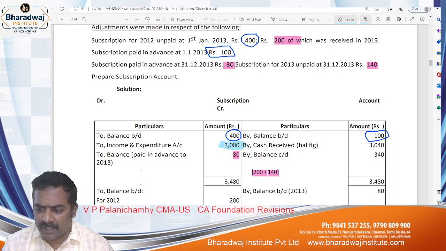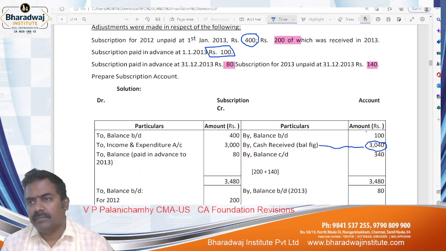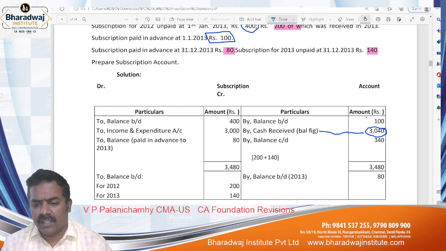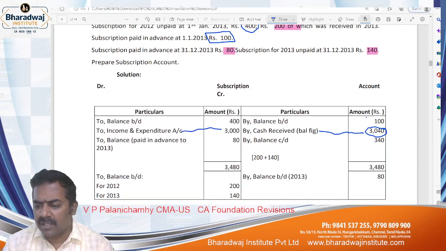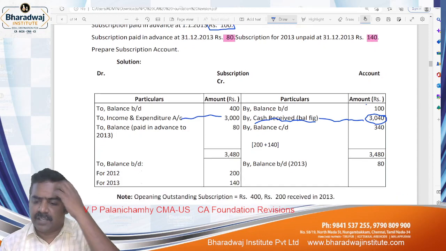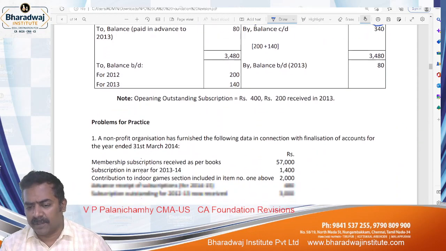Sometimes they will give you the income and expenditure account and ask you to find out the cash receipt as a balancing figure.